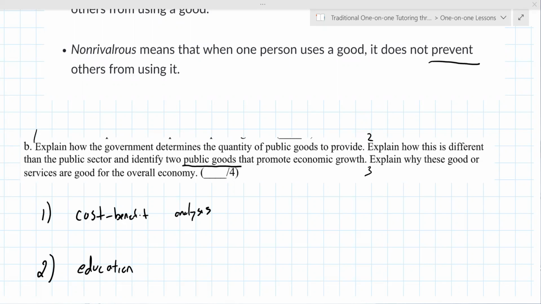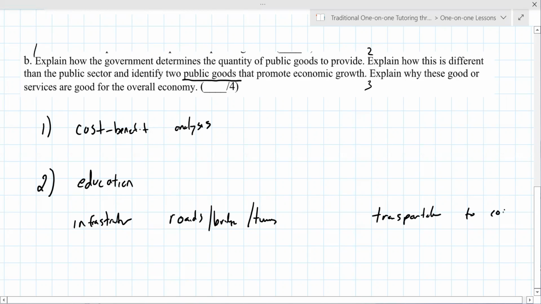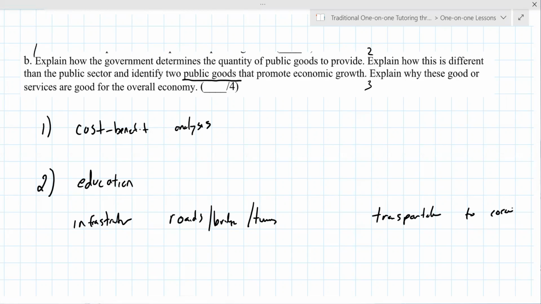So here's another one. I don't think these are that obvious. I'll say infrastructure. So we're talking about roads, bridges, tunnels, basically anything that allows transportation to occur. That's important, because if you can't move goods and services from point A to point B, you're really limited.